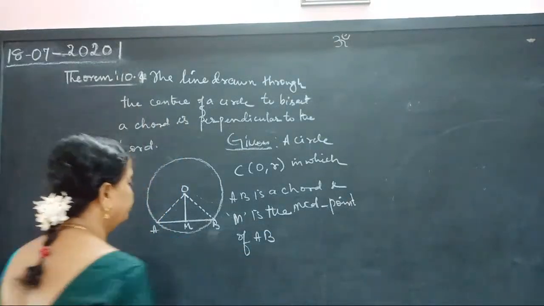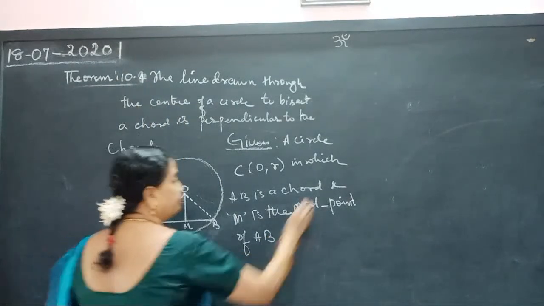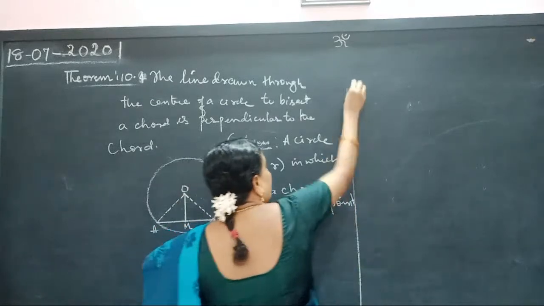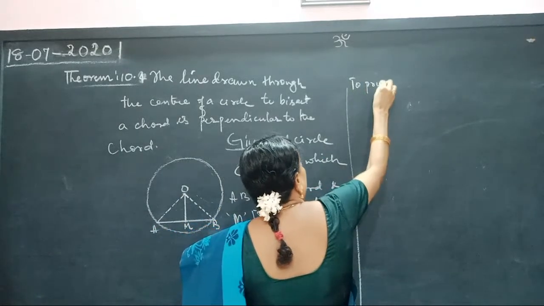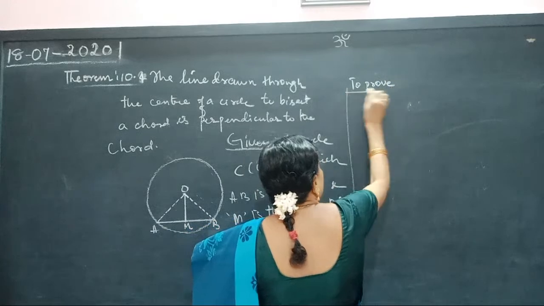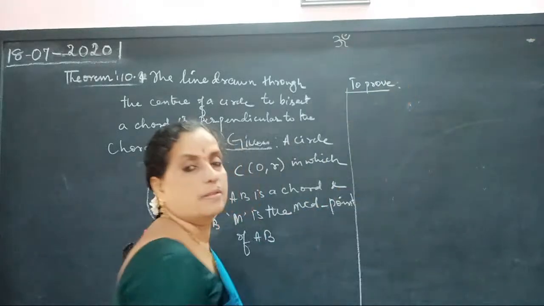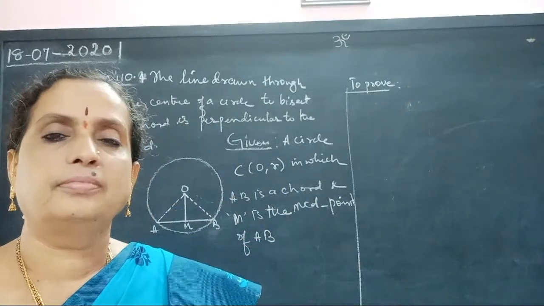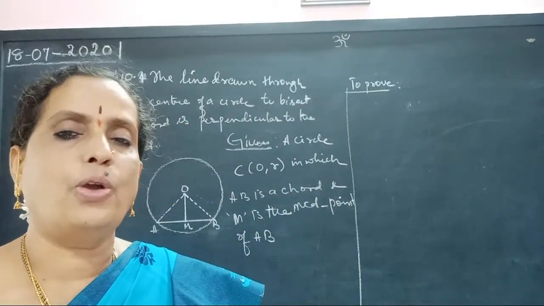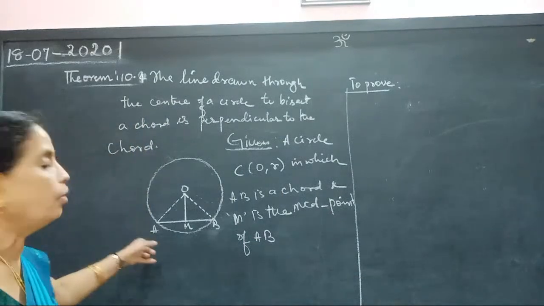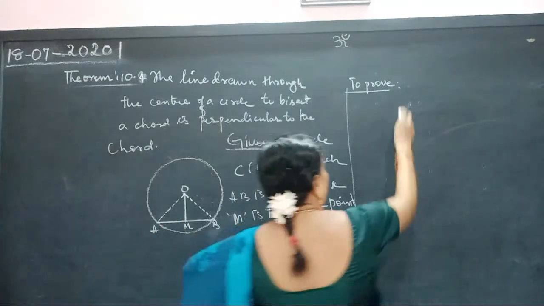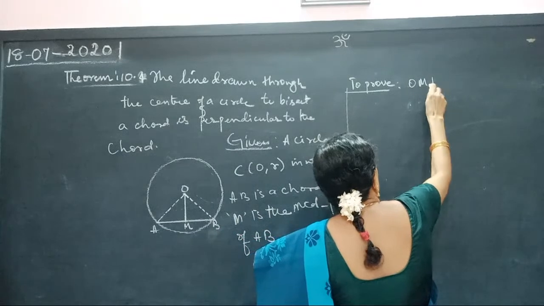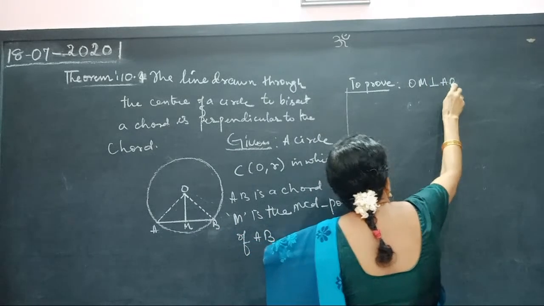To prove, what we have to prove? Yes, OM is perpendicular to AB. Very good. OM is perpendicular to AB.